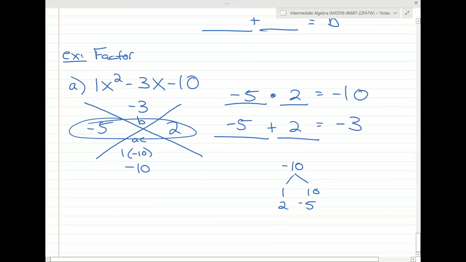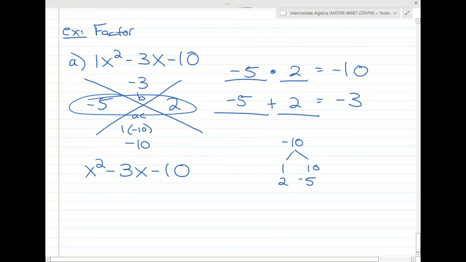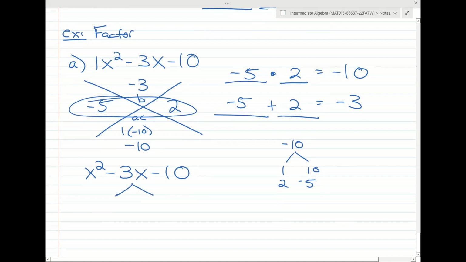The way we go from there is we write the original problem, but instead of -3x, we write the 2 magic numbers here. So -5x plus 2x. What we're doing is we're forcing it to be an even number of terms, 4 terms, so we can factor by grouping. That's the whole idea.